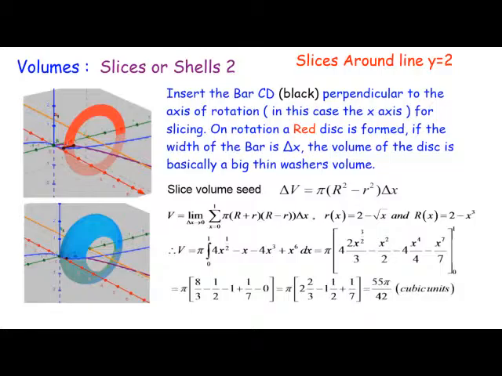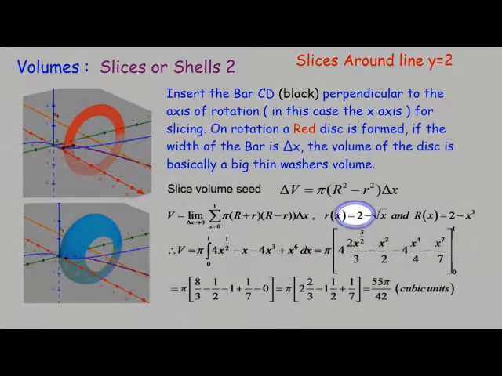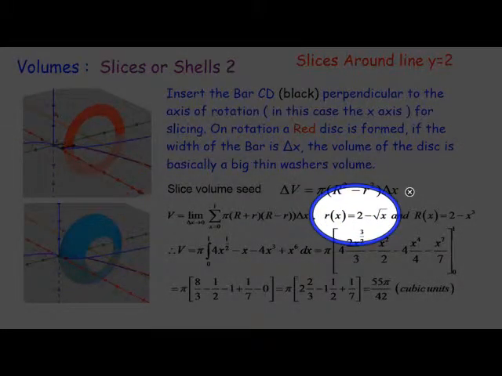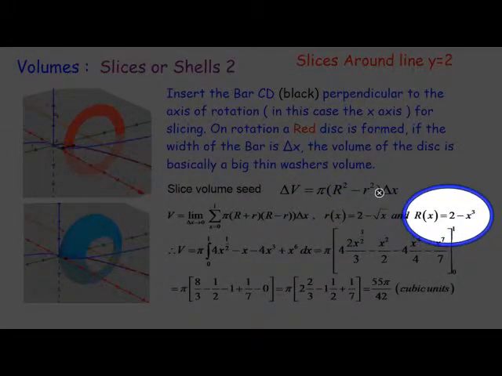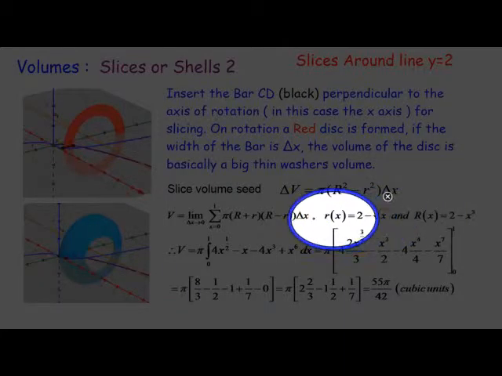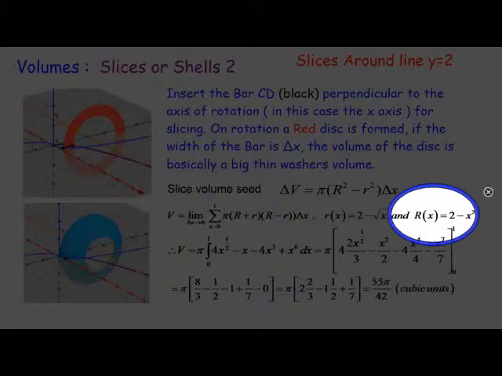We do always need to adjust the radiuses. You can see here I've adjusted this radius, and over here this radius. Obviously, when we do the calculations, it's going to impact the algebra.